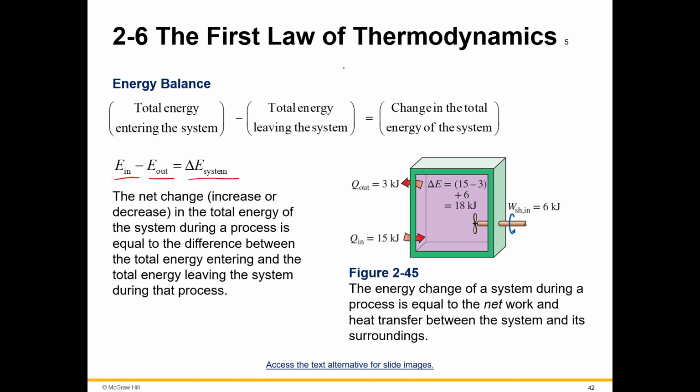If we started at 0, if our system started at 0 and energy in was 100, and then we had energy out at 50, and we started at 0, well, how much would we have?